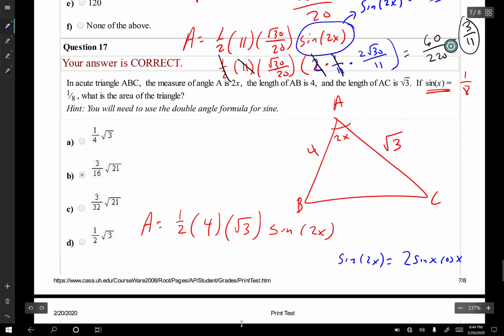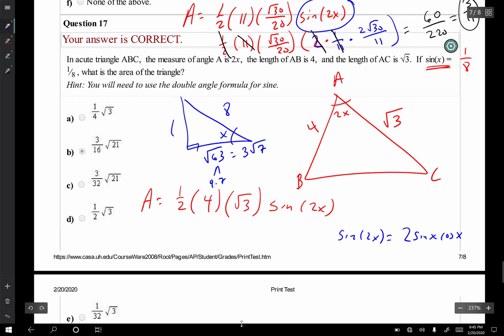So now that we know that, let's go ahead and draw a little triangle here. So here's angle x, 1/8. 8 squared is 64, 1 squared is 1, so this is square root of 63. And square root of 63 does break down to 9 times 7. So that means this is 3 square root of 7. All right, now we're good, guys.